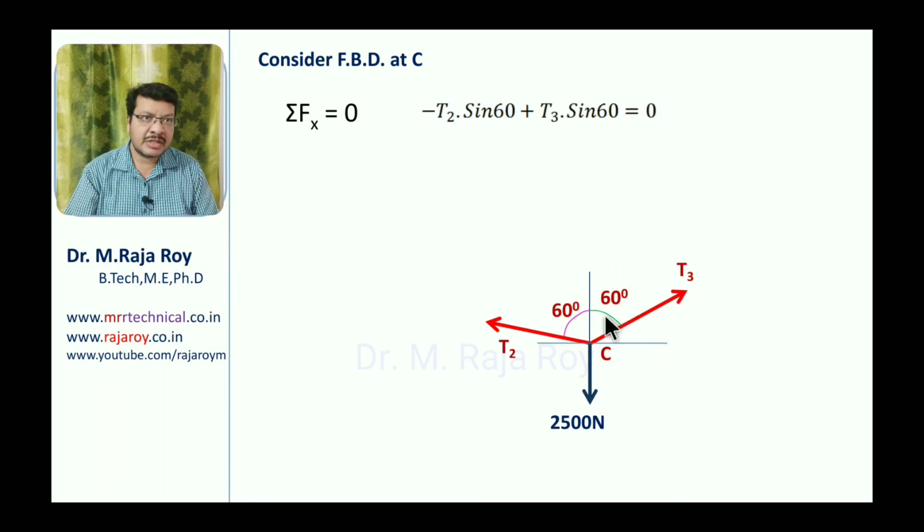This is also with respect to vertical, that's why T3 sin 60, that is in the positive direction, is equal to 0. Then T3 equal to T2 sin 60 by sin 60. Sin 60 sin 60 gets cancelled. Then T2 equal to T3 you will get, or T3 equal to T2 you will get. Okay, both are same.